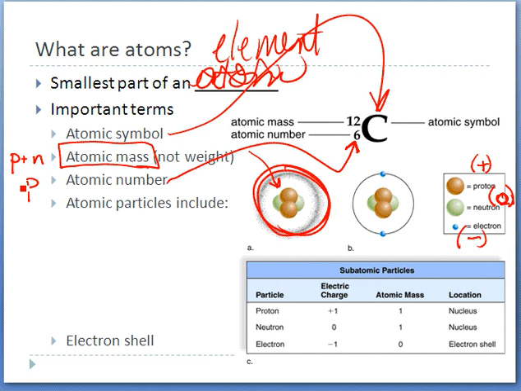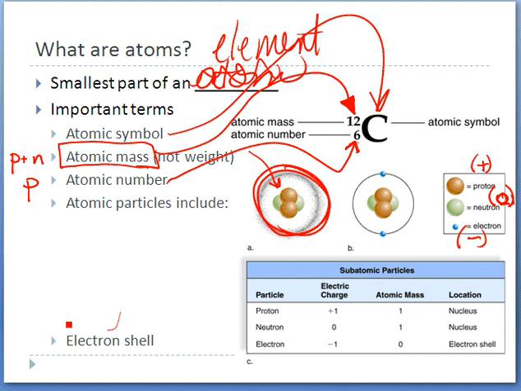Then the atomic mass is this number above here, which is a 12. Now, since we know the atomic number equals the number of protons, and we know the atomic mass equals protons plus neutrons, you should be able to figure out that there are 6 protons and 6 neutrons present in carbon based on the information you've been given.